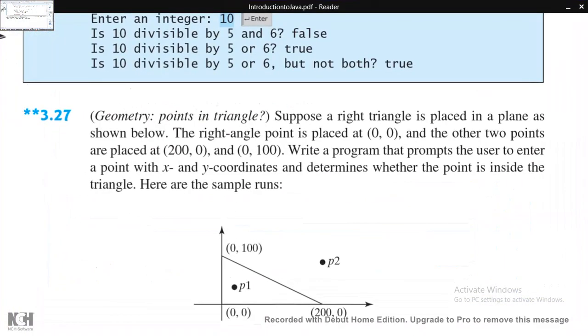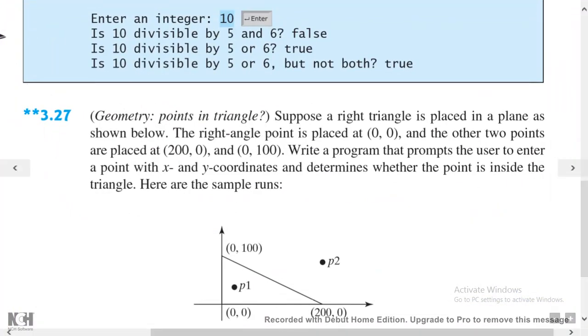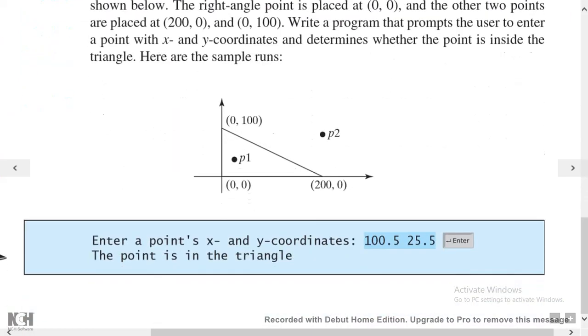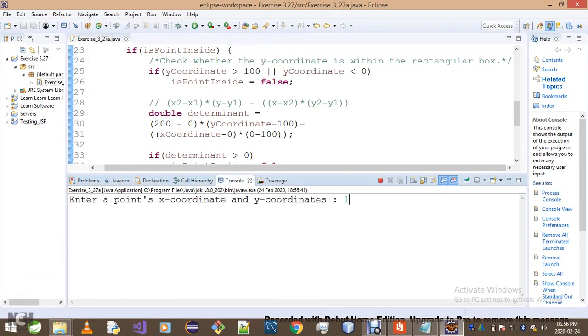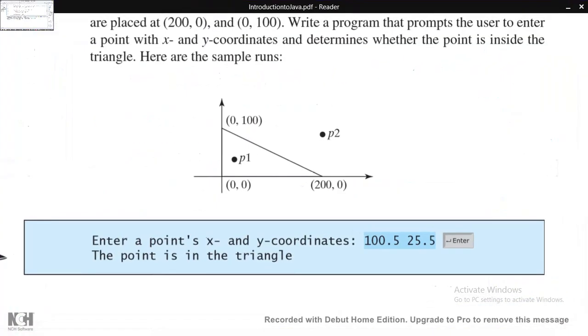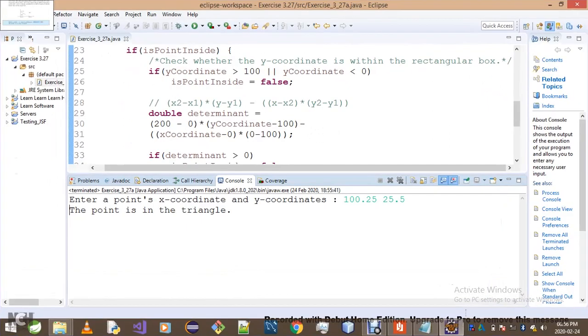Let's pick whatever numbers: 100.5 and 25.5, 100.25 and 25.5. The point is in the triangle, right?